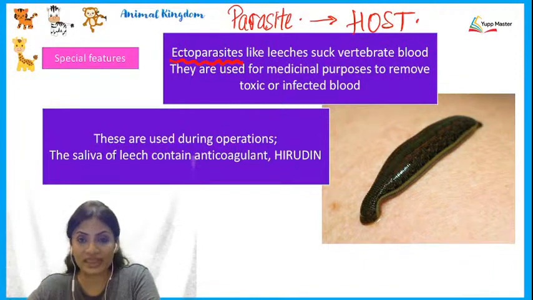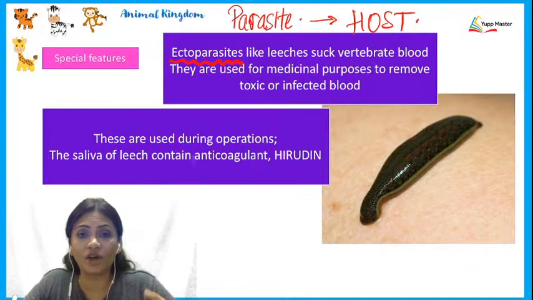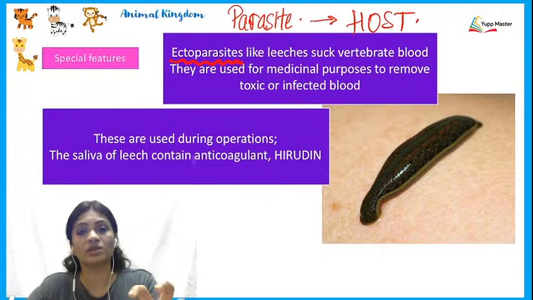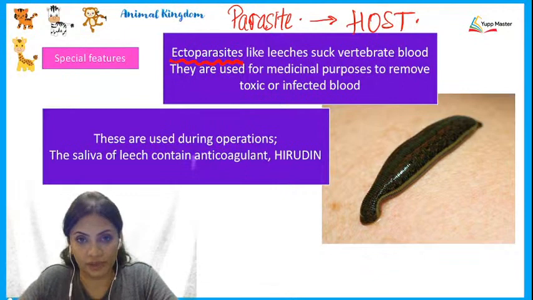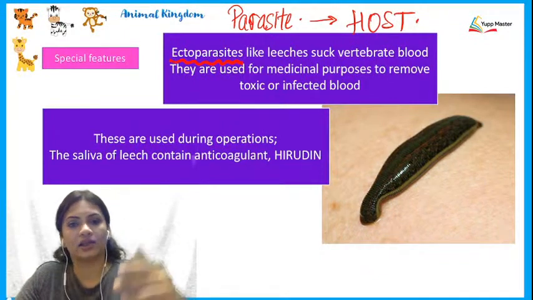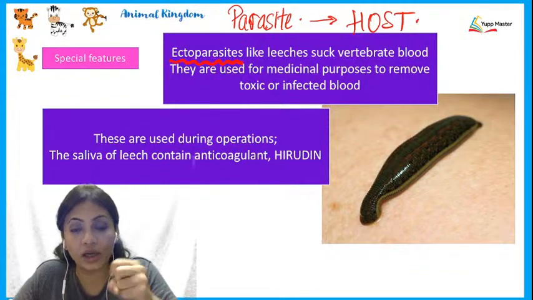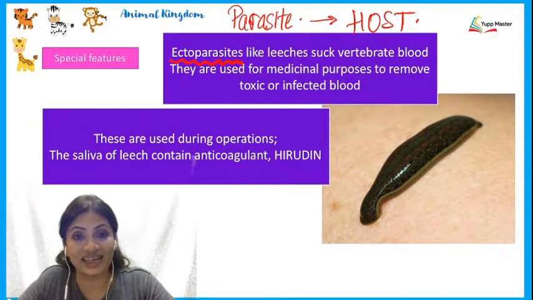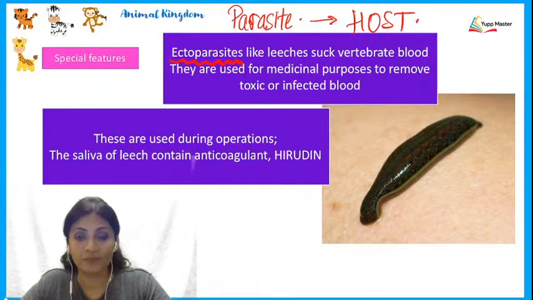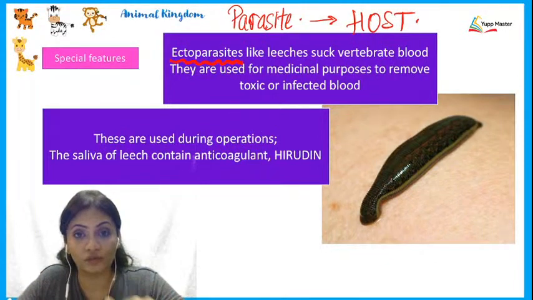Alright. Also, we see that the reason that leeches are put over there is because of the saliva of the leech. Now whenever a leech is going to suck any vertebrate's blood, you know that the blood of vertebrates has platelets in it. And whenever blood comes out of our body, the platelets would make that blood clot. So, the leech would never want that blood to clot inside its body. So, what happens is when the leech is sucking the blood of a vertebrate, the leech would be putting its own saliva inside the body of the vertebrate.